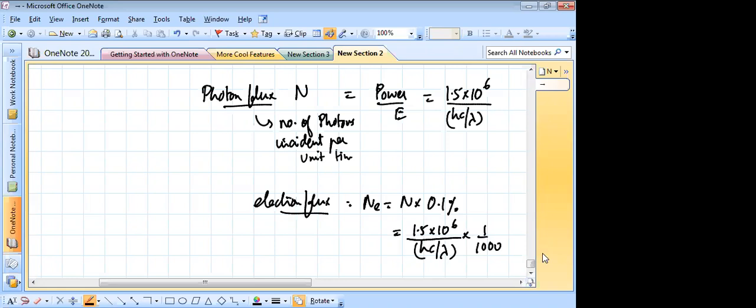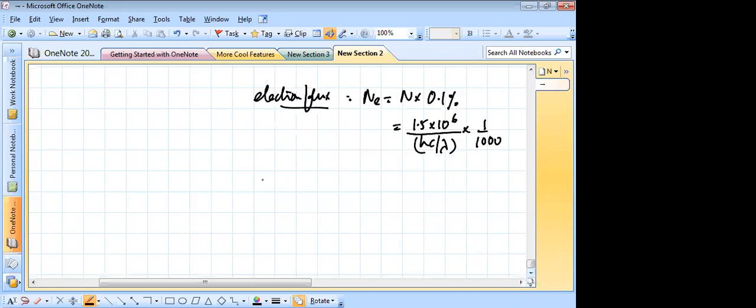Okay. So now your photo current will be charge per unit time. So it is electron flux multiplied by charge of electron. You know, because this is number of electrons per second. ये जो पूरा चीज है वो per second है.